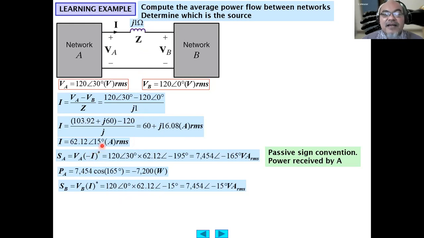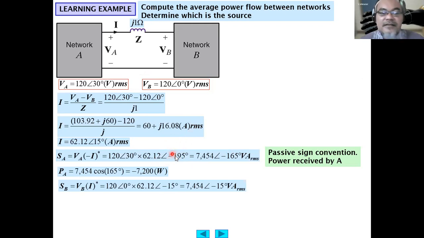This is minus I conjugate, not I conjugate, because the current here is leaving network A from the positive terminal, and from the passive sign convention we have to apply a negative sign. So this equals negative 62.12 with phase angle of minus 15 degrees, or re-expressed, 62.12 with phase angle of minus 195 degrees.